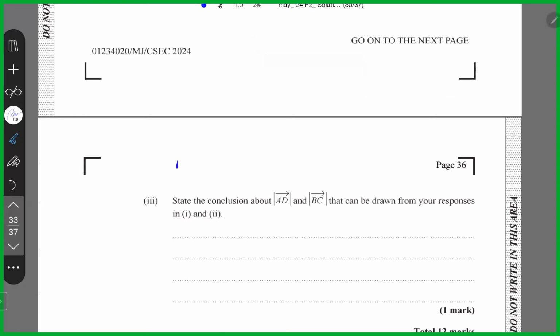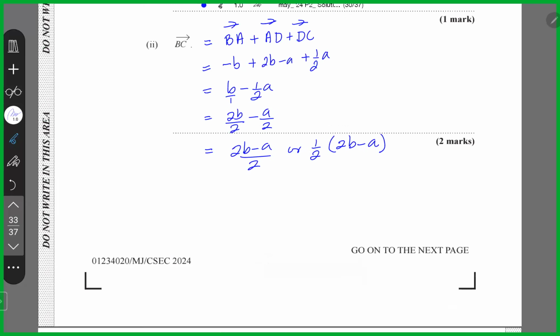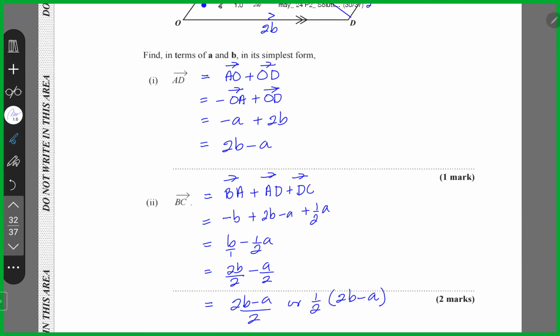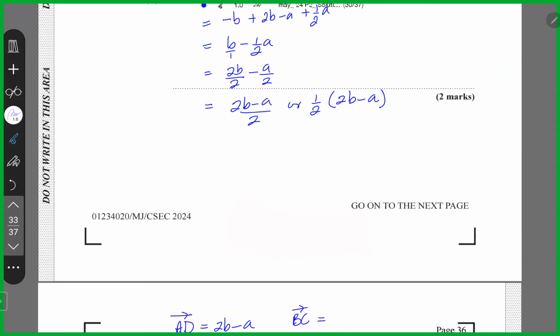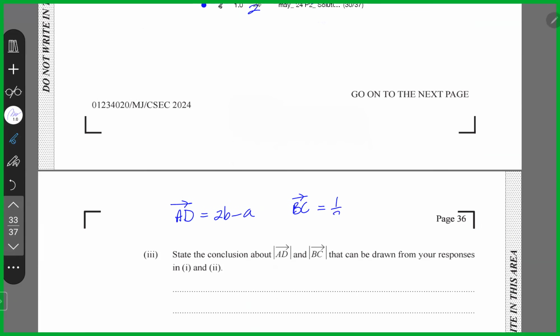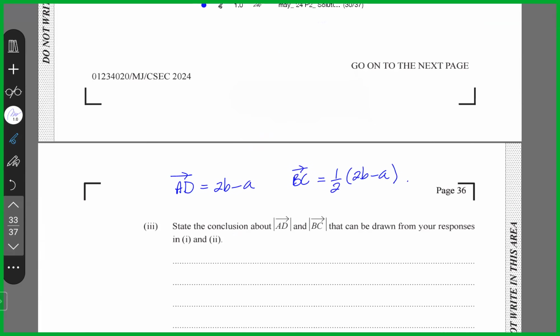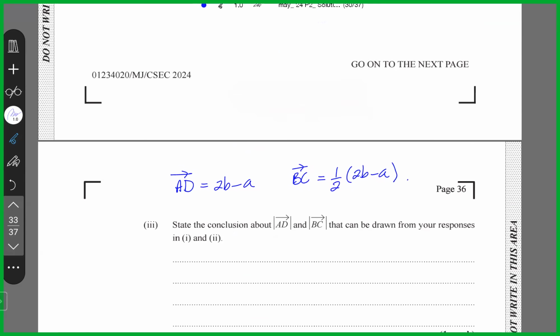First of all, AD is 2B minus A. And BC was just found to be a half of 2B minus A. So state the conclusion about the magnitude of AD and the magnitude of BC.